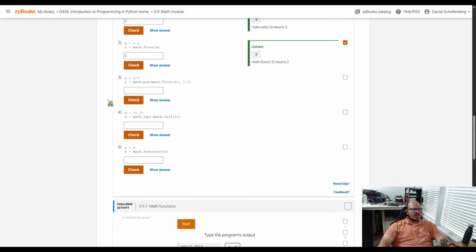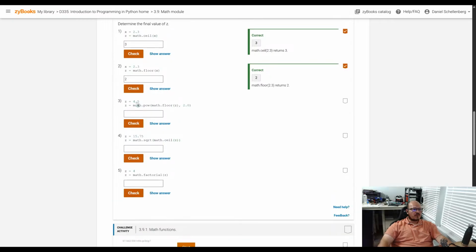Let's see. Z is assigned 4.5. Z is assigned math, and then it's using the power function, and again calling for the math module using the floor. So round down, so 4.5 rounded down.